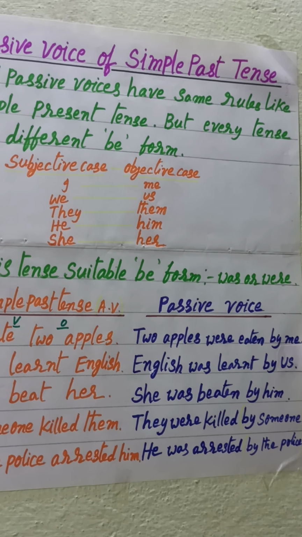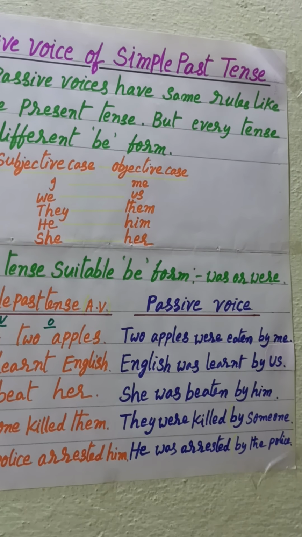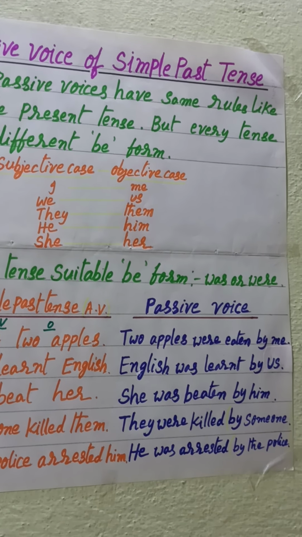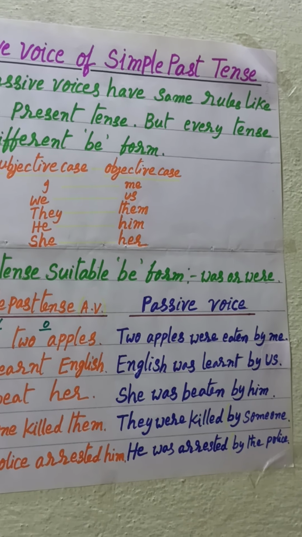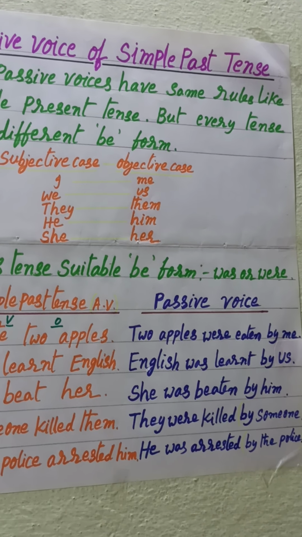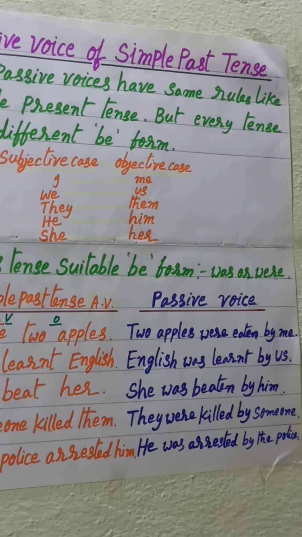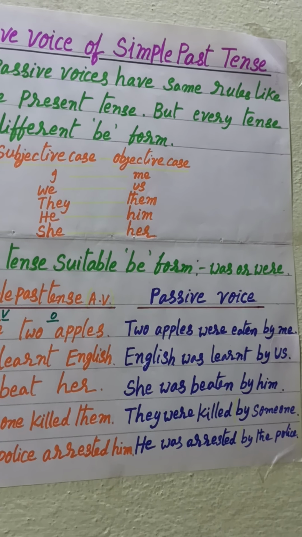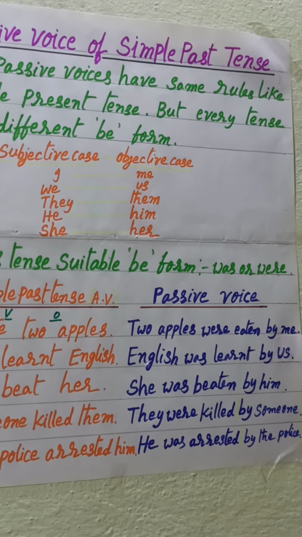In the active voice him is in the objective case. That changes in the passive voice to subjective case, that is he. So he was arrested by the police. He is singular, so was is also singular.